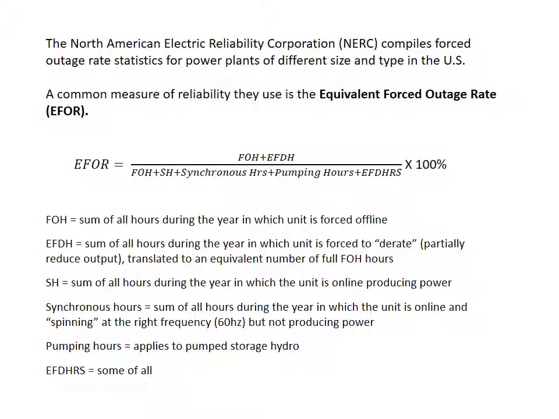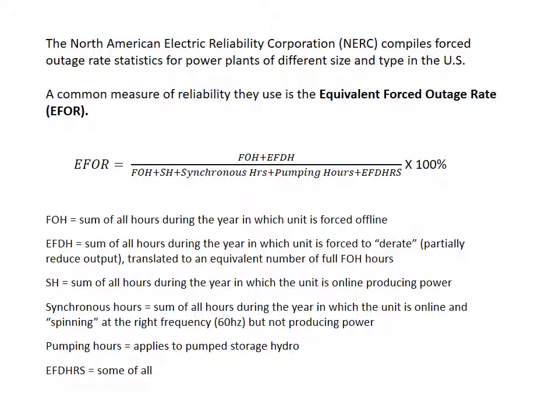The way you calculate this is, in the numerator you have the sum of all hours during the year in which the unit is forced offline, FOH, plus the sum of all hours during the year in which the unit is forced to derate or partially reduce output. You translate the EFDH to an equivalent number of full offline hours.